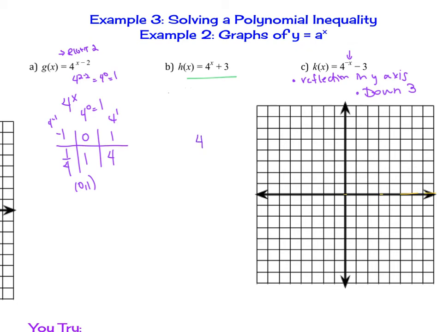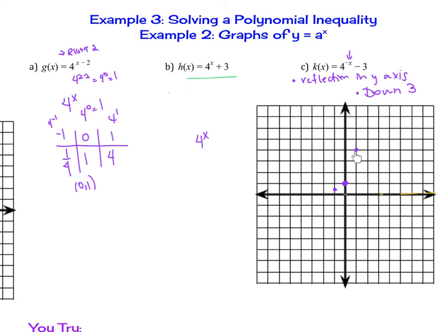I'm going to graph that 4 to the x again, so I'm going to bring that back. 0, 1, then 1, 4, and then 1/4 here. I'm going to leave the dots there. Now I'm going to do my reflection in the y-axis first. Notice that this point does not move under a reflection in the y-axis. That's our important point, and it stays the same.